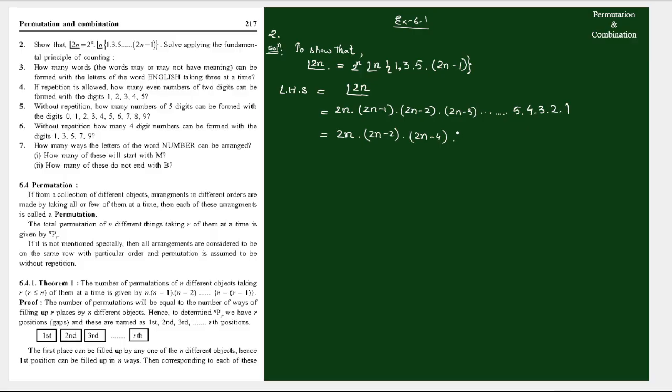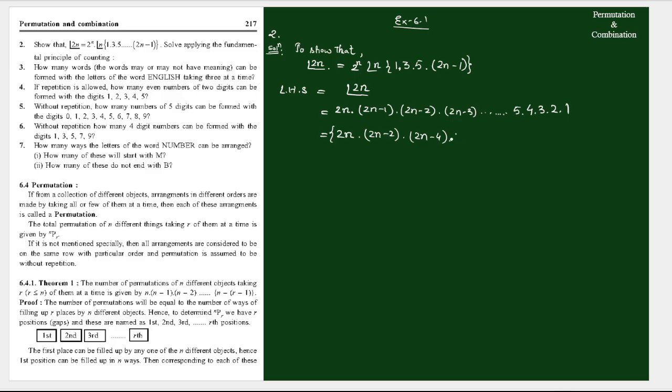So okay, we can keep them in a bracket. Then the odd numbers we can write as 2n minus 1, into 2n minus 3. Wait, it will go on up to the least even number, right? The least even number.